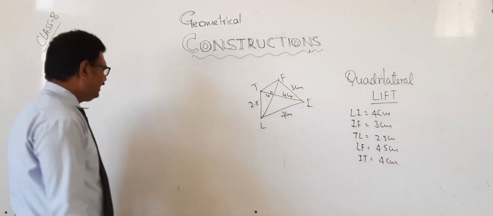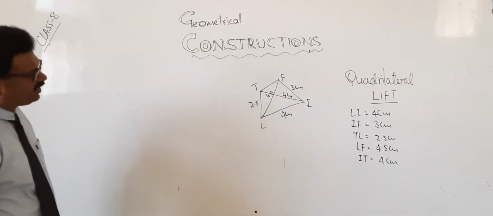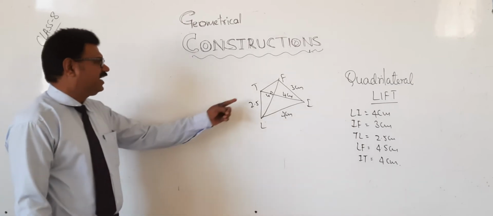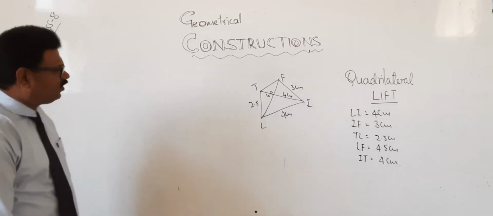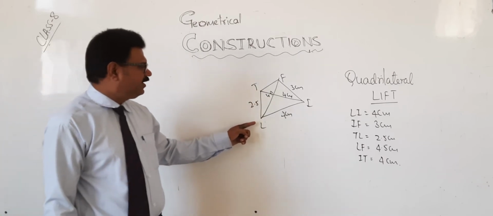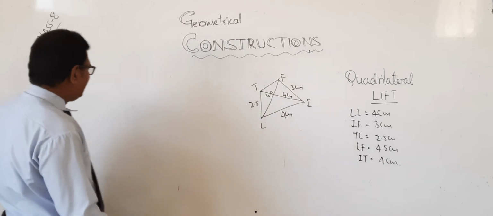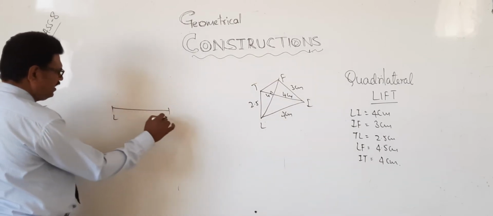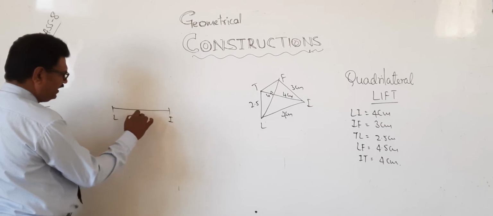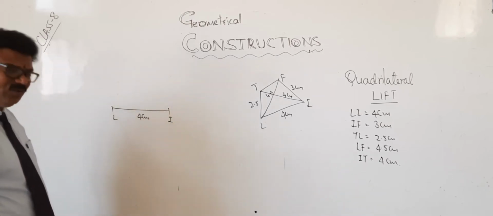According to the given measurements, like that only we should go. We are not supposed to take TF as base because there is no measurement. If you take another measurement, we have to see. There is no problem. I will take LI as base. LI is 4 centimeters, with the help of your ruler.